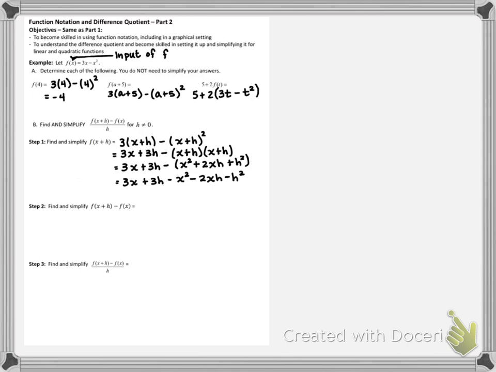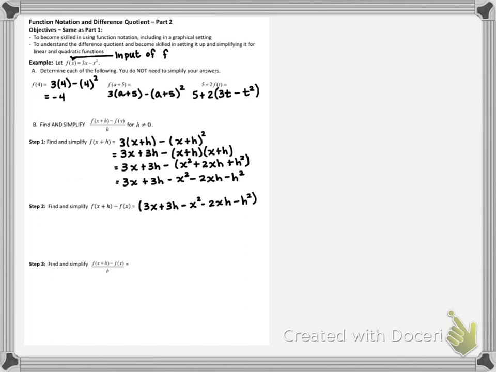So next we're going to use what we just found and subtract f of x from it. So f of x plus h is what we just found: 3x plus 3h minus x squared minus 2xh minus h squared.